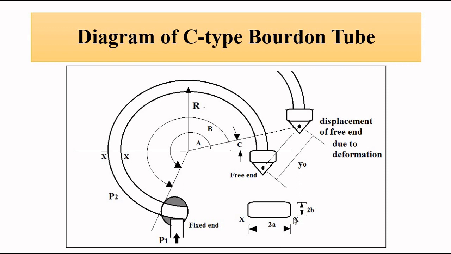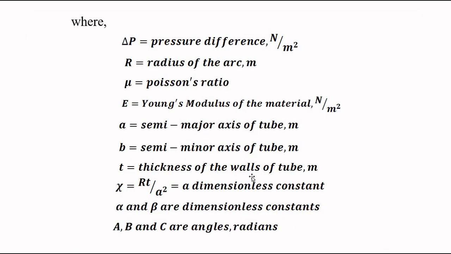And then we have T, the thickness of the tube. Psi is RT by A square, which is a dimensionless constant unique for a particular material and dimension of the tube. Alpha and beta are again dimensionless constants depending upon the material used, and A, B, C are the angles which I specified.